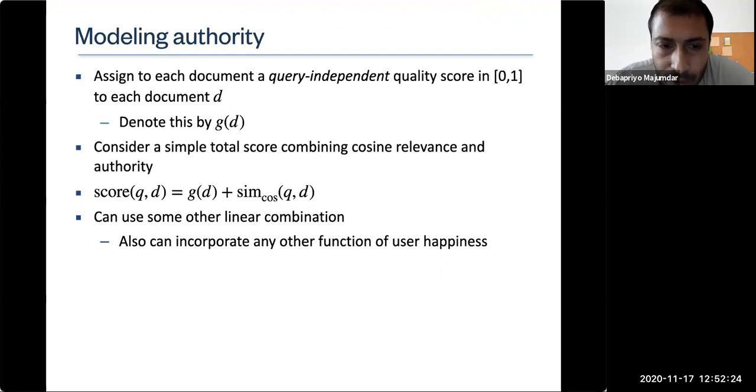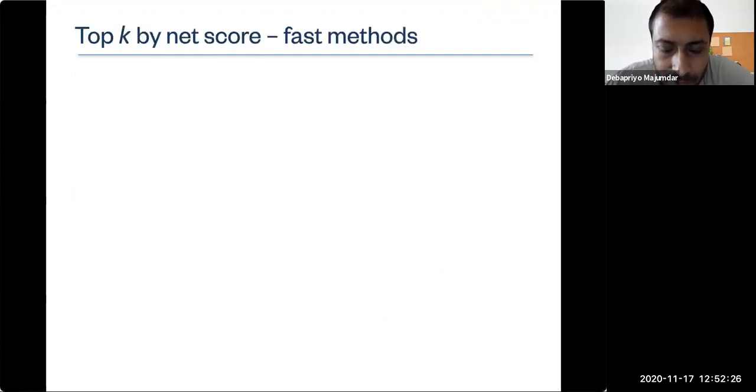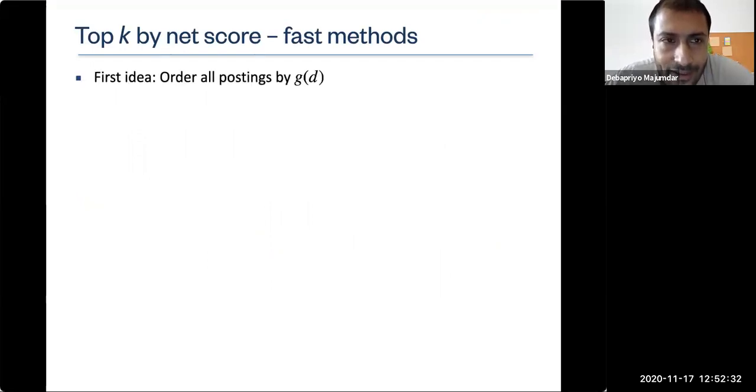Now, the main theme here is how do you process the query? How do you compute this combined score? One idea is you order all posting lists by the g(d) score. We have been assuming so far the posting lists are ordered by document ID, because otherwise we would not have a linear intersection algorithm, right?